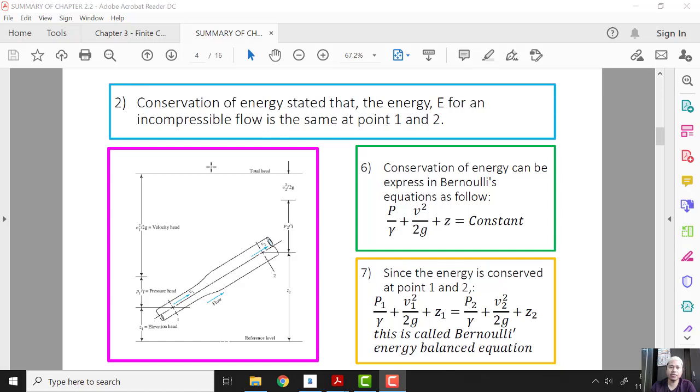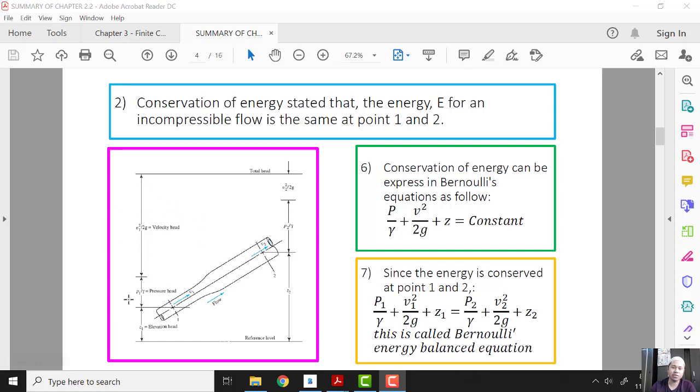We also learned about the energy equation, where conservation of energy states that the energy for an incompressible flow is the same at point 1 and point 2. For example, we have this figure with a sudden contraction. We can see three types of energy: the elevation head represents the potential energy, the pressure head represents the flow energy, and the velocity head represents the kinetic energy.